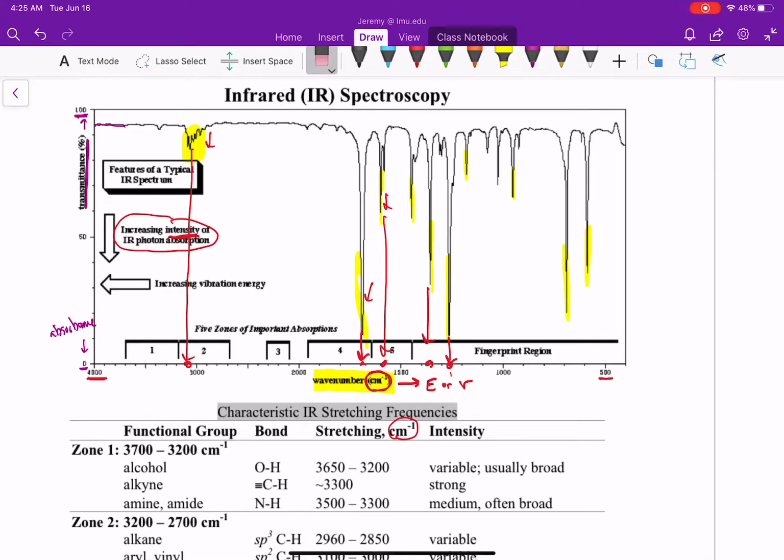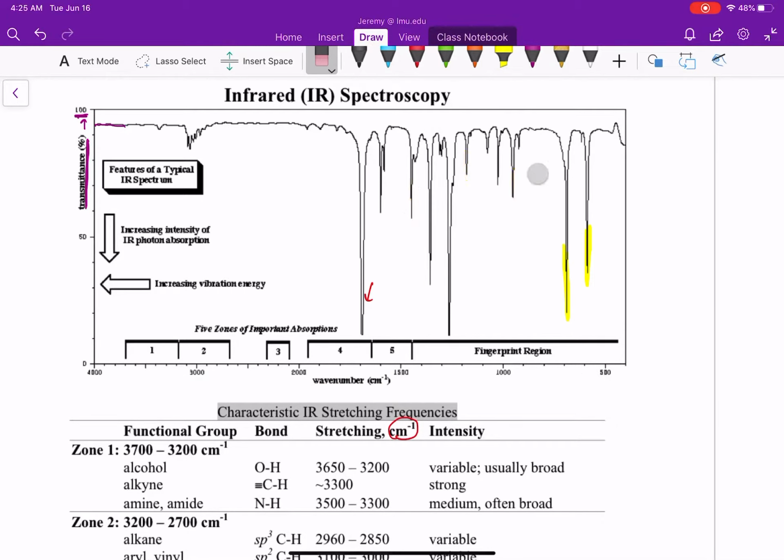To break this down and simplify it, what I'd like to do is talk about 5 different zones. We're going to be focusing our attention on 5 zones: Zone 1, Zone 2, Zone 3, Zone 4, and Zone 5. These are the zones where we can see important peaks.